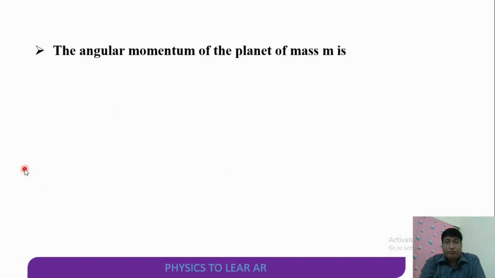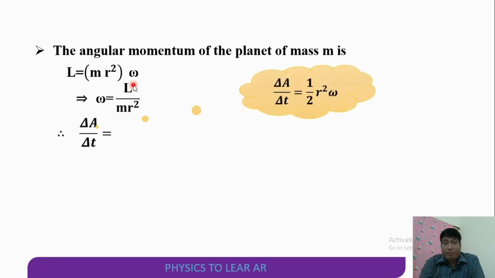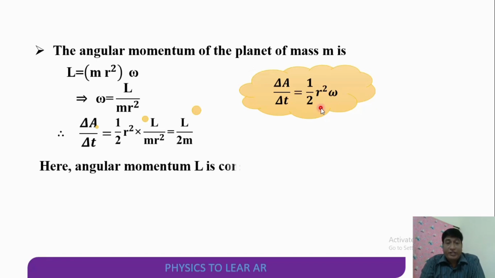The angular momentum of a planet of mass m is L equals m r square omega, where m r square is the moment of inertia. By substituting omega as L by m r square in the above equation dA by dt equals half r square omega, r square gets cancelled. Finally we can prove delta A by delta t is equal to L by 2m.